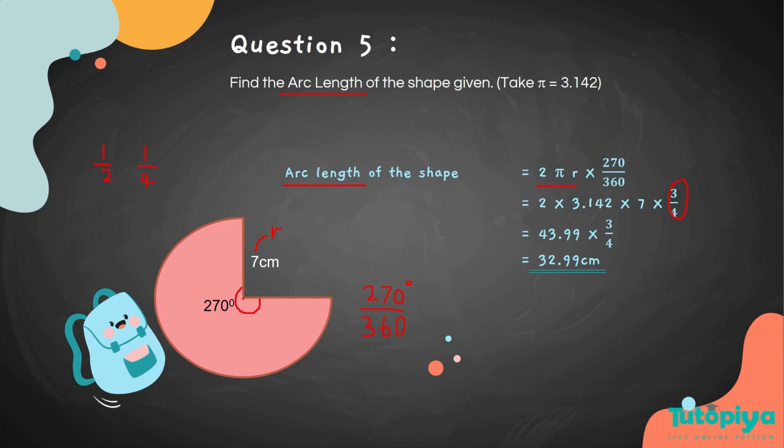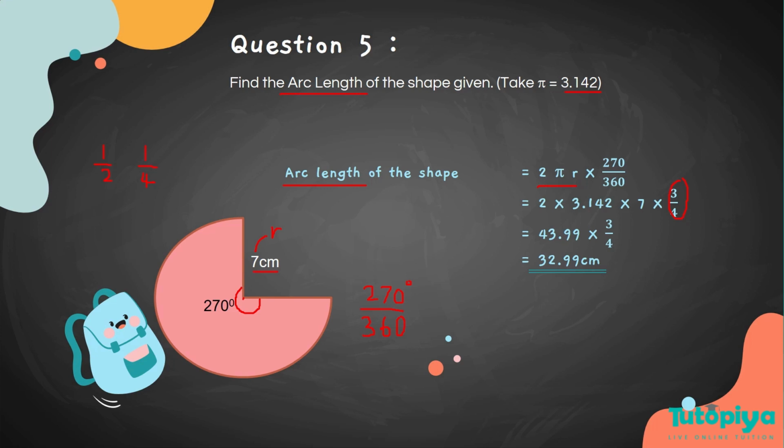Now we substitute 2 multiplied by pi. They have asked you to take 3.142. 2 multiplied by 3.142 multiplied by 7, which is the radius, multiply by 3 and divide by 4, or multiply by 3/4.